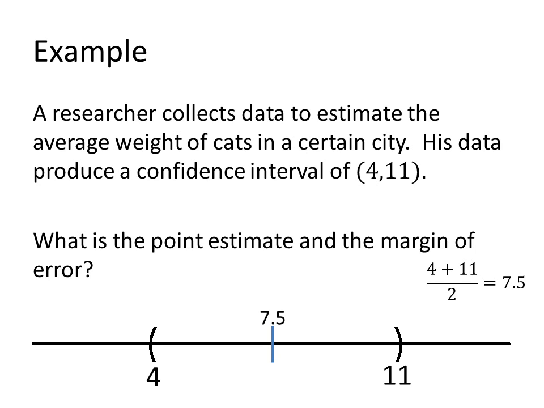That is our point estimate. The margin of error can be found by seeing how far the point estimate is from the upper bound or the lower bound. In this case, it is simply 3.5. You can also get the margin of error by taking the difference of the upper and lower bound, so 11 minus 4, and dividing by 2, which would give you 3.5.